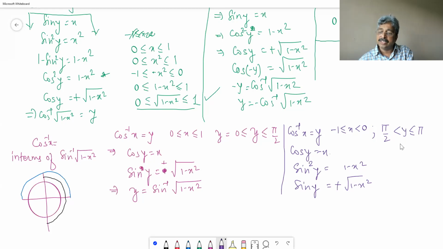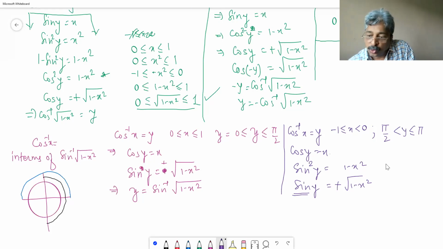So I need to do some trigonometric adjustment where I should not lose the ratio sign. It should not be cos or something else. It should be sine, but I should be able to bring this back into the desired zone. The desired zone will be, that is what is my feeling, minus pi by 2 to 0, because we have exhausted 0 to pi by 2 in this case.